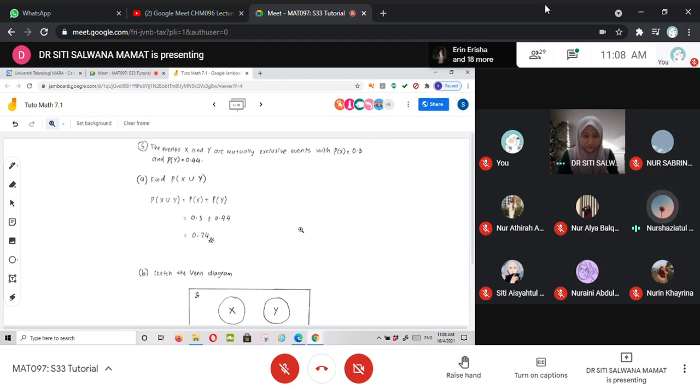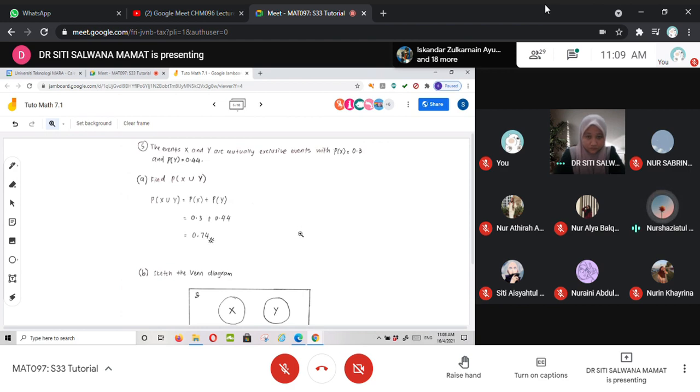For this, we have to use addition rule 2, which is P(X union Y) equal to P(X) plus P(Y), where the P(X intersect Y) equal to 0. So we just have to insert all the given values into the formula. So 0.3 plus 0.44 and the answer is 0.74.